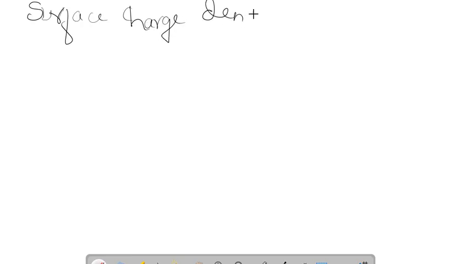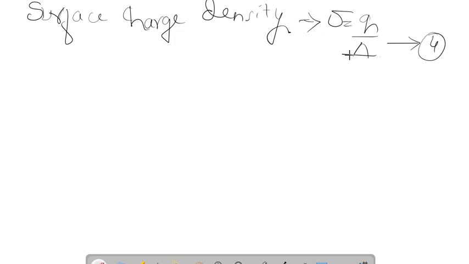Now, the surface charge density sigma is equal to Q divided by A. This is equation number 4.